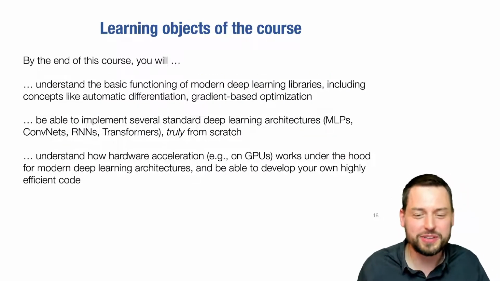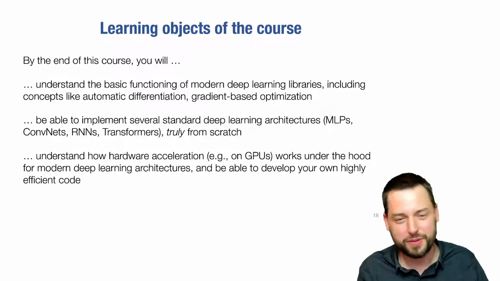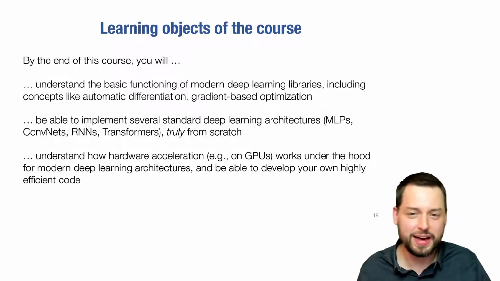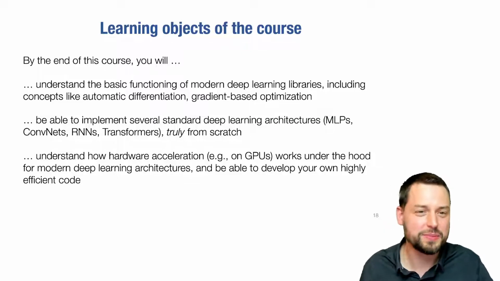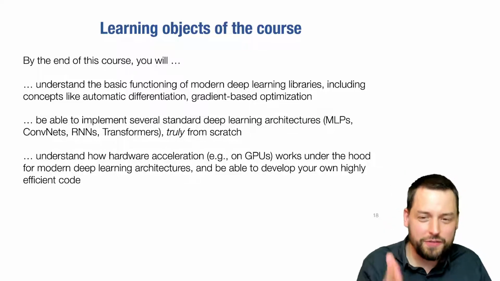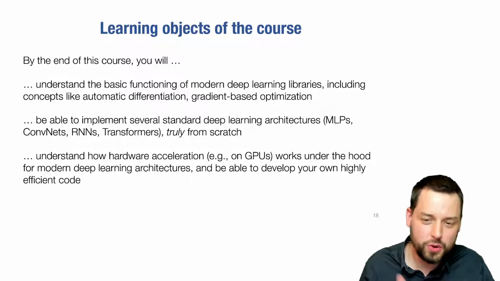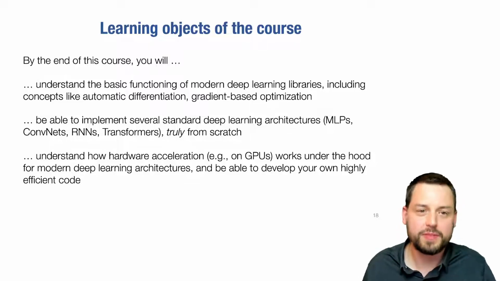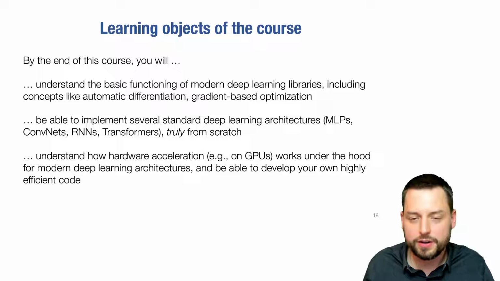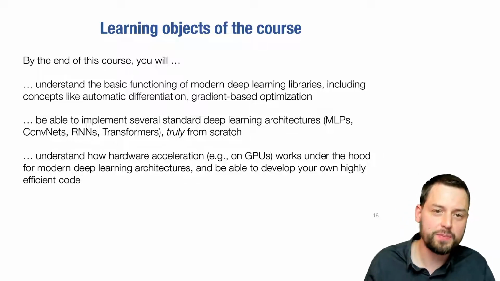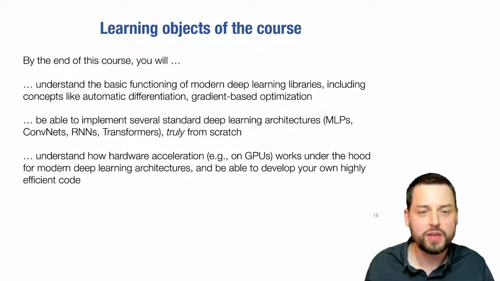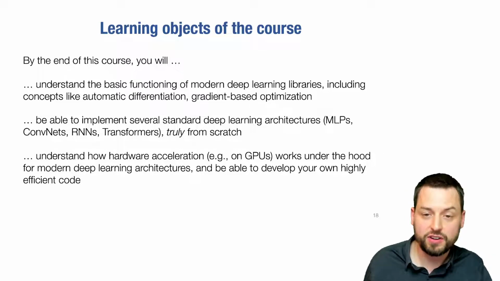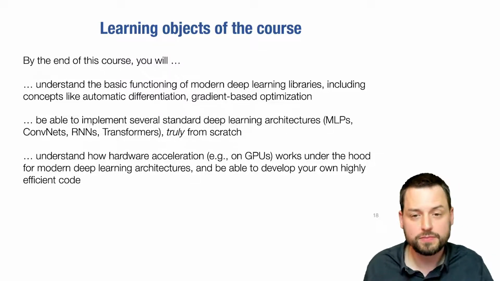All right, now learning objectives. What are you going to learn in this course? I've probably made this clear from past slides, but let me lay it out in hopefully clear terms. If you stay through this whole course, do all the assignments and do a final project, then by the end of this course, you will understand the basic functioning of modern deep learning libraries, including concepts like automatic differentiation and gradient-based optimization from an algorithmic standpoint.